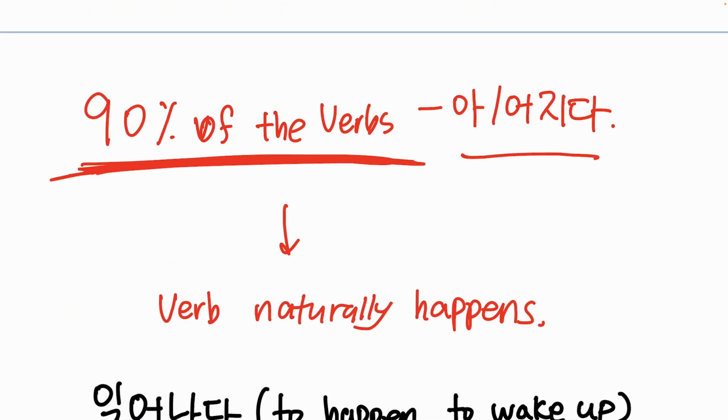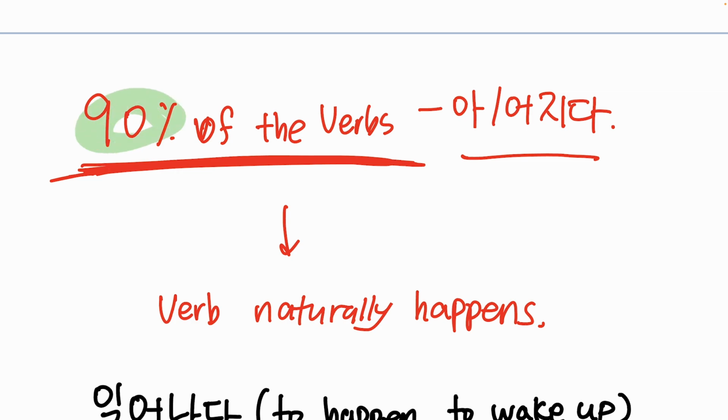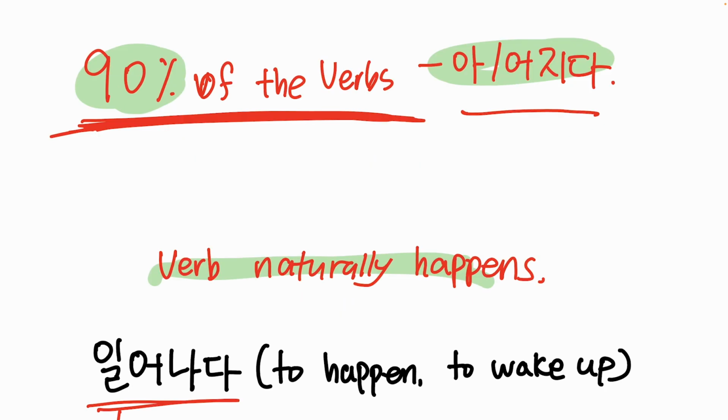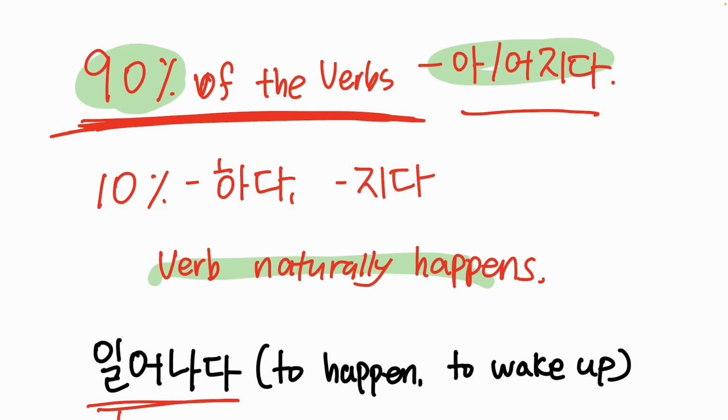And back to what I said about 90% of the verbs can be attached to 아어지다 to mean verb naturally happens. You might be curious what are the rest 10% of the verbs that cannot be attached to 아어지다 to mean verb naturally happens. And those verbs are either 하다 ending verbs or 지다 ending verbs. So I'll explain what I mean by 지다 ending verbs soon.